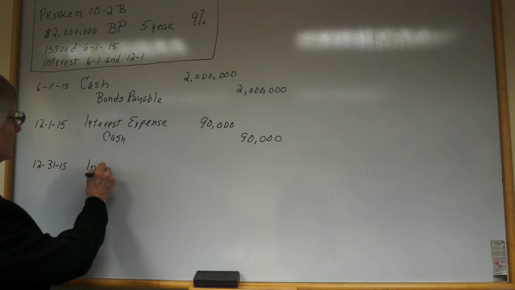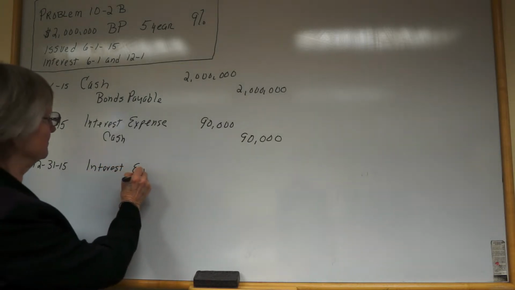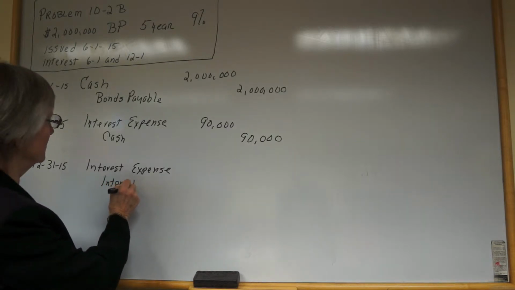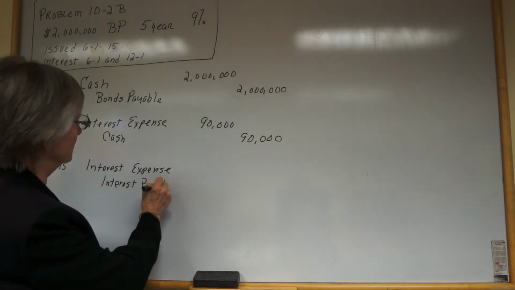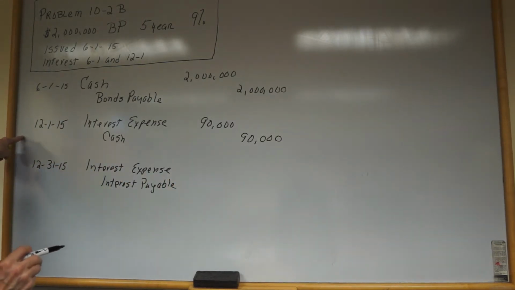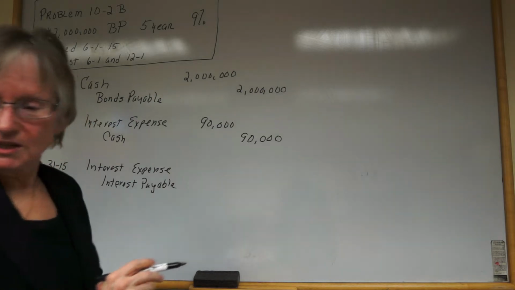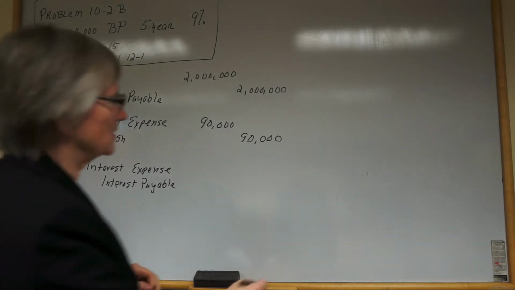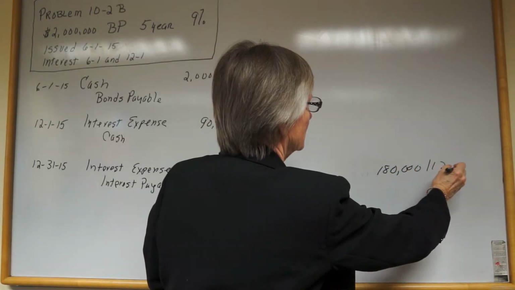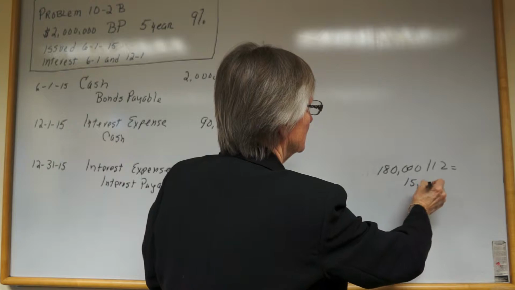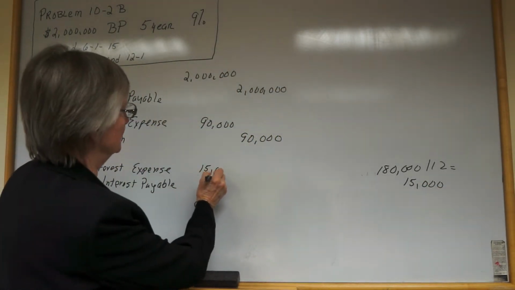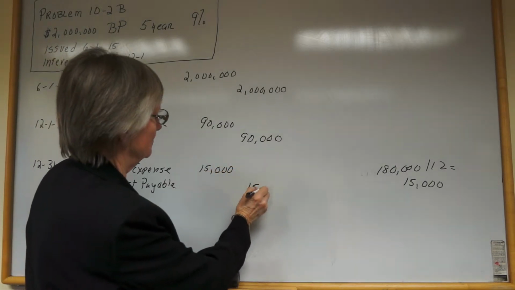So 12/31, we're going to go interest expense, and we're going to have interest payable just for the month of December, because we've paid all the interest due for this past year, for 2015, up through 12/1. So we would take that $180,000 and divide it by 12. That's the annual interest of 180 divided by 12. It's building at a rate of 15,000 per month. So we would have to accrue 15,000 of interest.